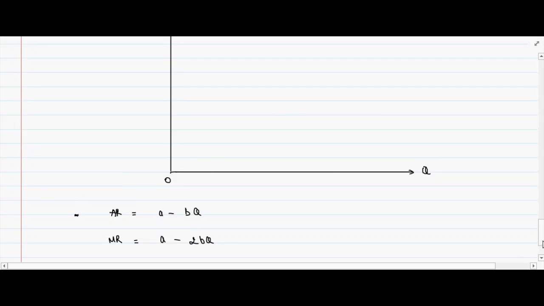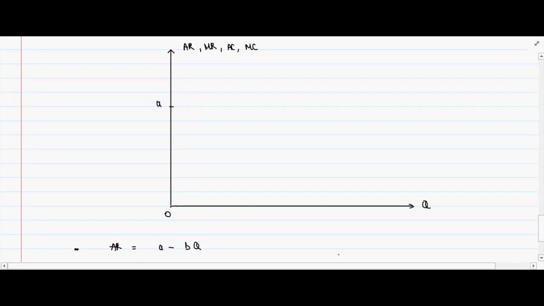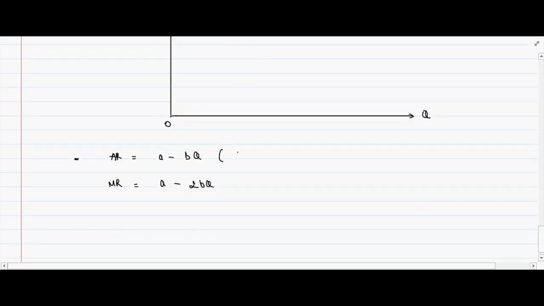For the average revenue, when Q equals 0, average revenue equals A. So I'm going to start from, for example, somewhere here. When Q equals 0, average revenue is equal to A, and when average revenue is equal to 0, then Q equals A on B.